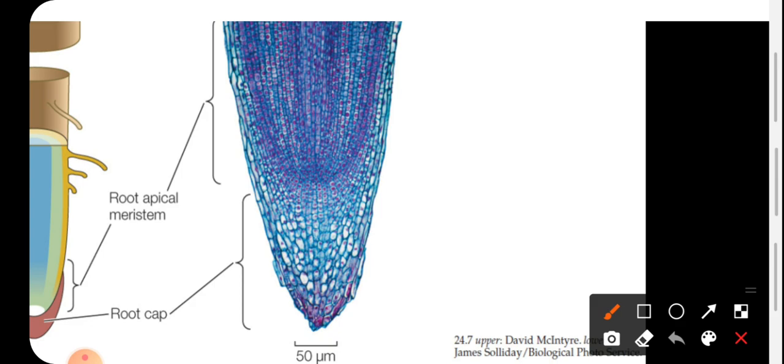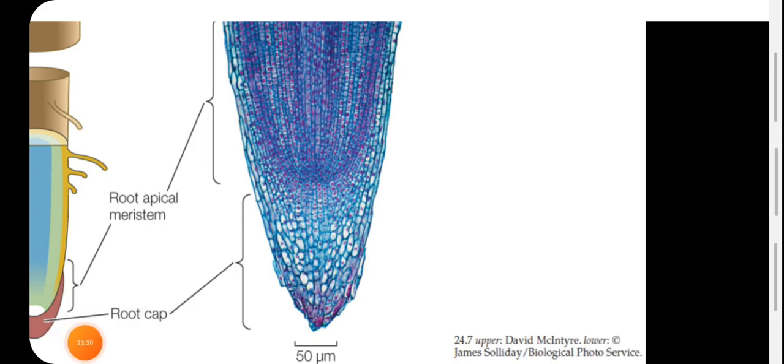The root apical meristem lies immediately below the root cap. This region shows, in the center, a zone of slowly dividing cells called the quiescent zone. So here you can see the various types of zones.